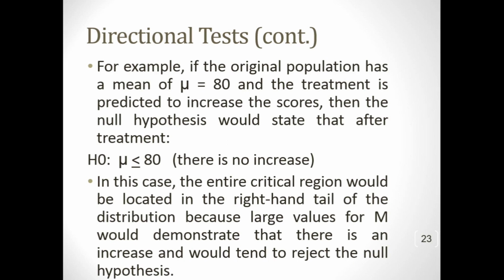In this case, the entire critical region will be located in the right-hand tail of the distribution, because large values for M will demonstrate that there is an increase and will tend to reject the null hypothesis.